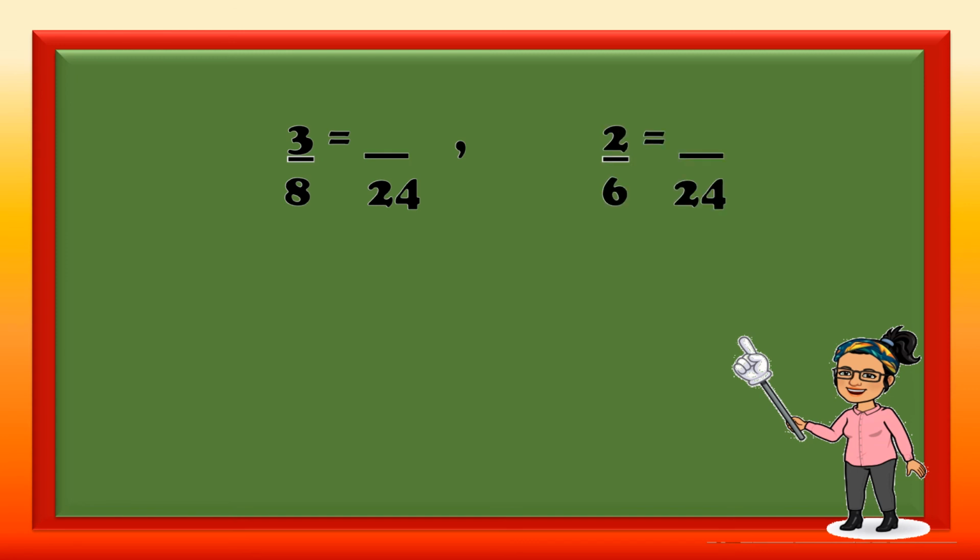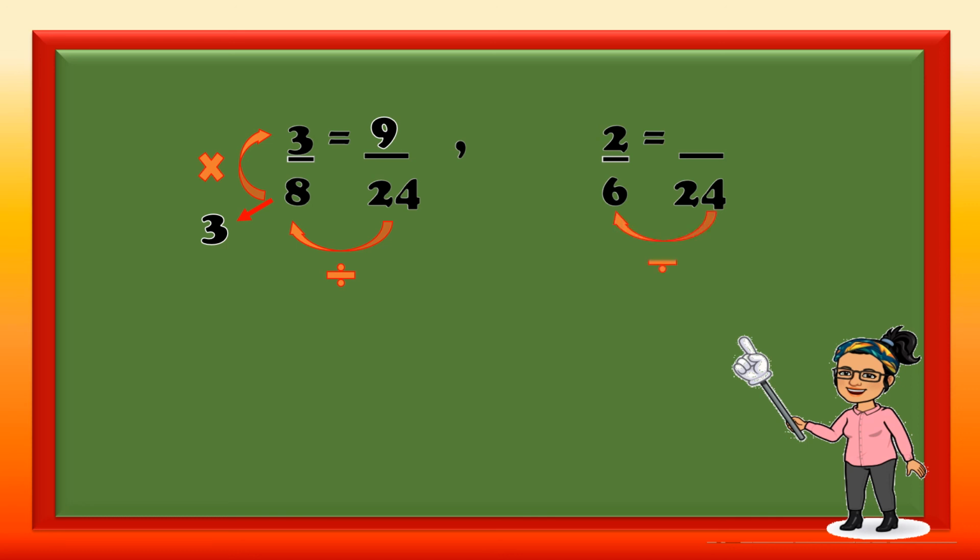Next step is to divide and then multiply. 24 divided by 8 will get 3. And then multiply it by 3, the answer is 9 over 24. Did you get 9 over 24? Okay, good job. Let's do the other fraction.